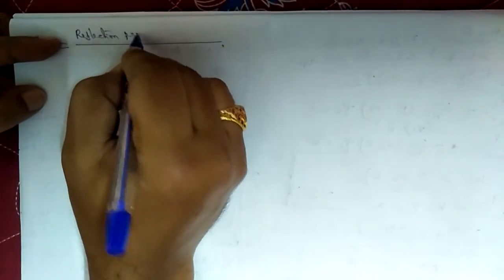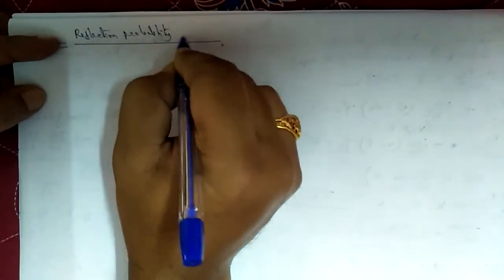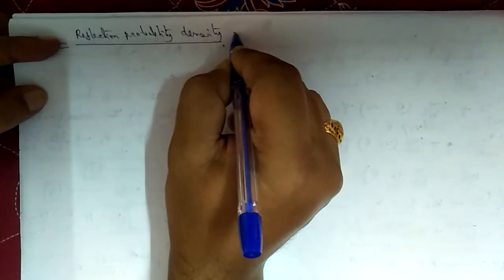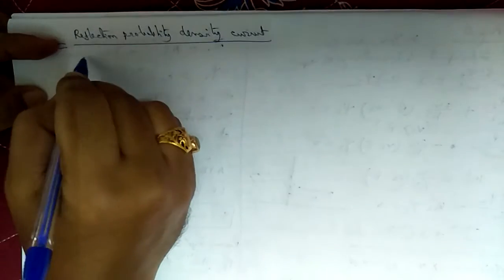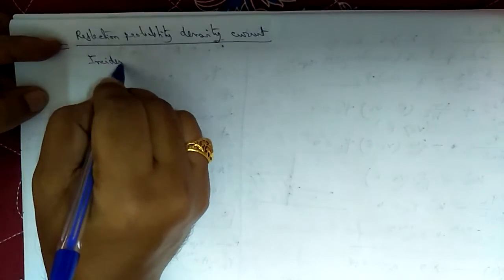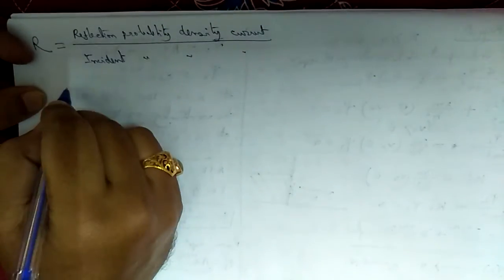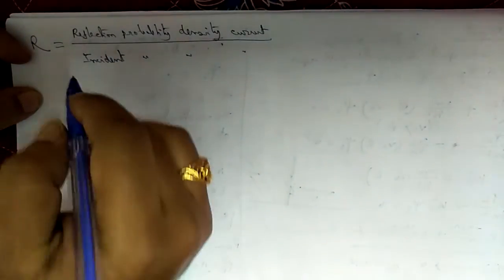Now, like the previous case, we will calculate the reflection probability, that is the reflection coefficient R. The expression for R will be the reflection probability density current divided by the incident probability density current. We did it in the last calculation.